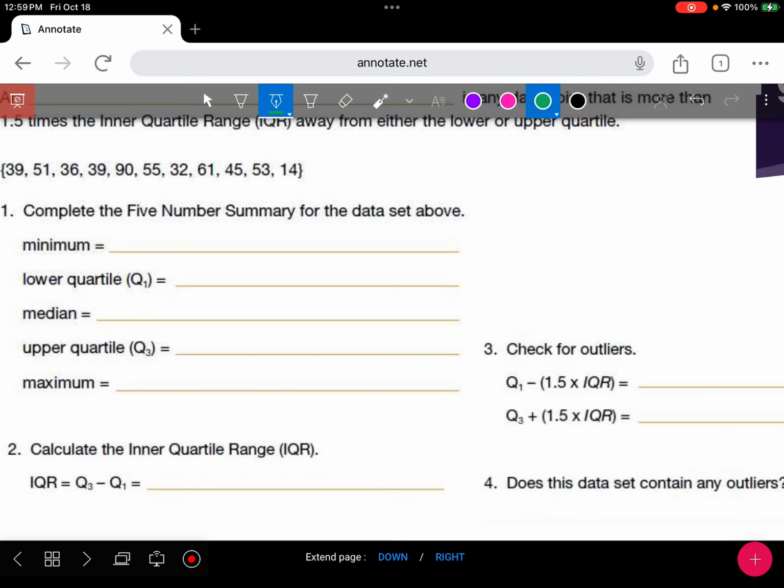We're going to have our 14, and then our 32. There it is. 39. Another 39. 51.